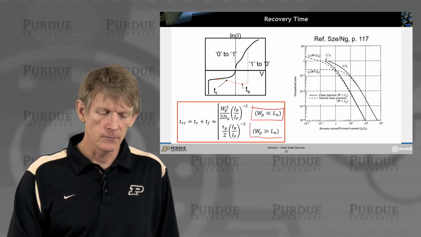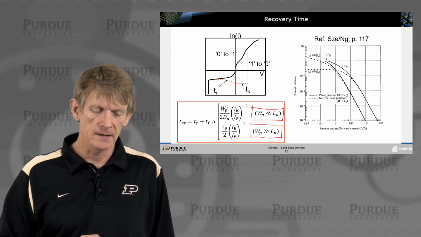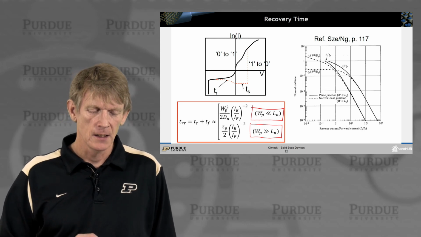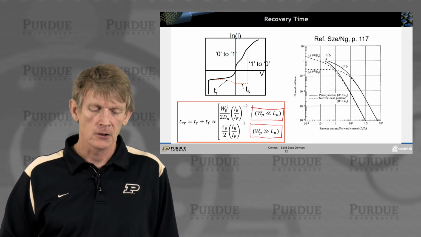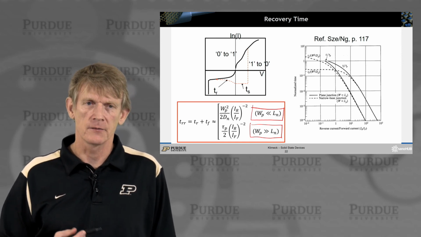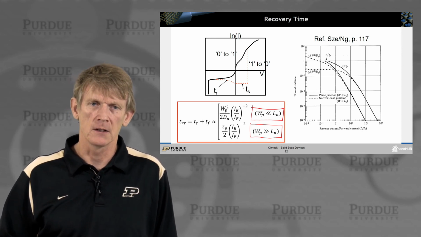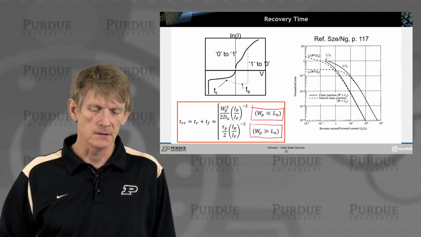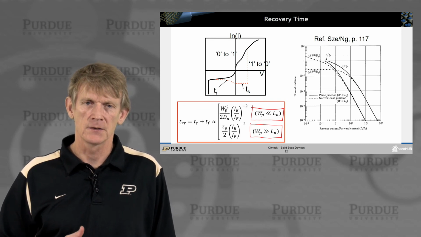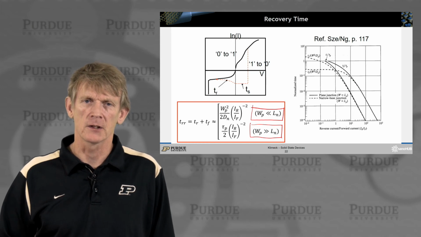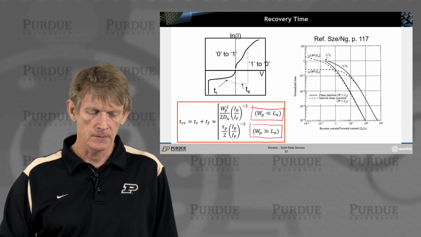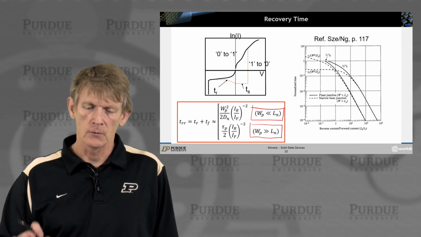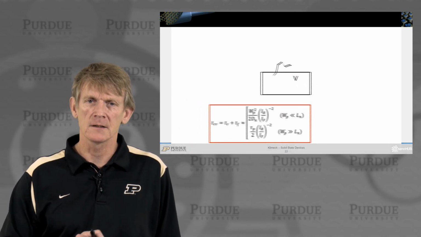And if the device length is much larger than the diffusion length, then you have a slightly different expression. But they all go as a function of the forward and the reverse current that is in the device. Okay, so it depends on the biasing of the device. The recovery time is not quite a linear expression.